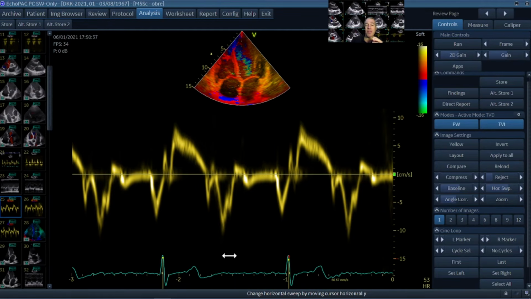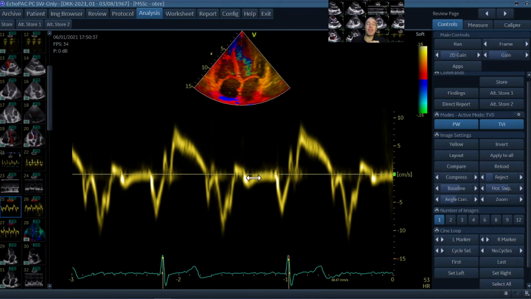And then during diastole you have one negative wave and a second negative wave, and that corresponds in time to the E wave and the A wave of the mitral valve, just going in the opposite direction because the ventricle is moving downwards during relaxation. So this is a systolic wave, this is the early diastolic wave, and this is the late diastolic wave, the atrial contraction wave, the A wave.